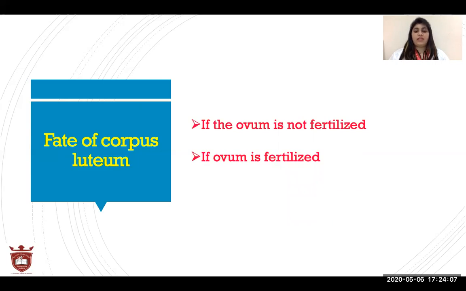If the ovum is fertilized, the corpus luteum transforms into the corpus luteum of pregnancy, which secretes the hormone progesterone till the third month of pregnancy, until the placenta develops.